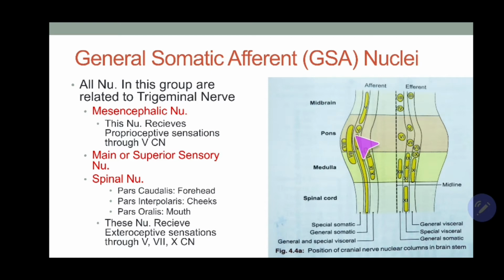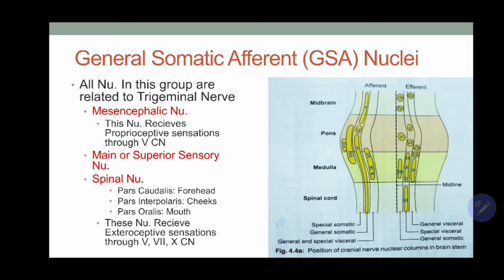This is the main sensory nucleus, the chief nucleus of the trigeminal nerve, which is located in the upper pons. Above this, the nucleus is continuous up to the upper portion of the midbrain at the level of the superior colliculus, and this is again a peculiar nucleus. This is the mesencephalic nucleus.